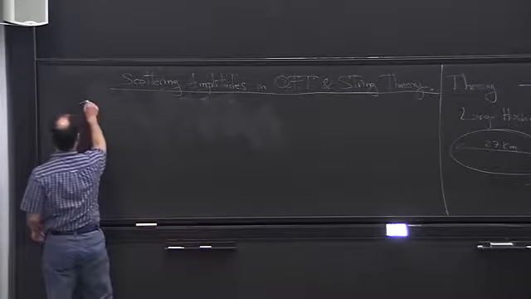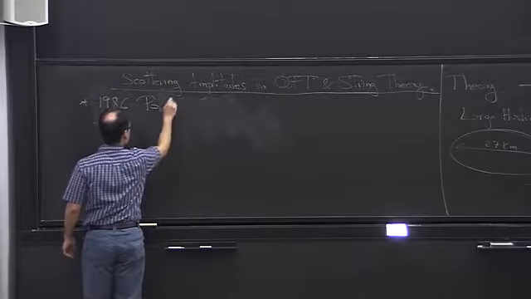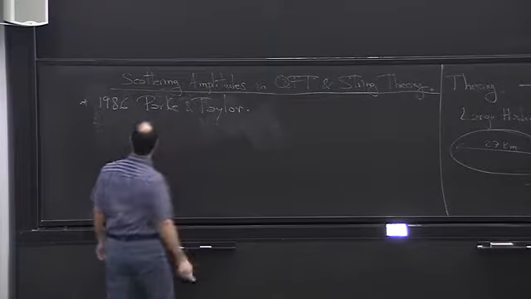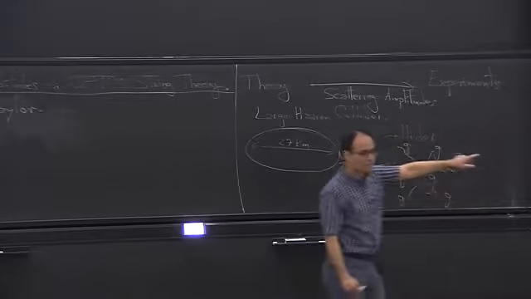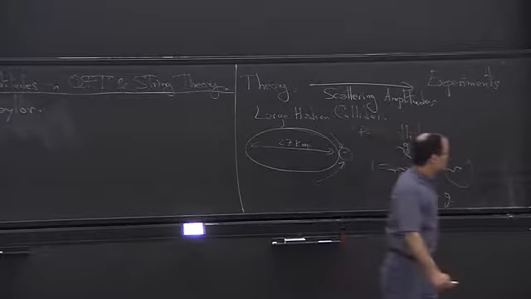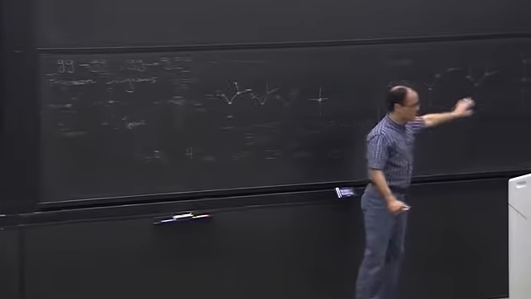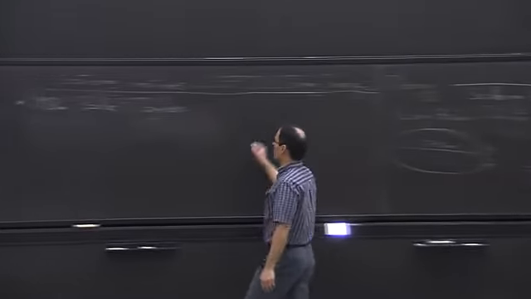And that's what Parke and Taylor did in 1986. They did exactly these calculations. They did this 4-particle and this 5-particle calculation all the way to the end, and they found a miraculous simplification. So they found a miracle.